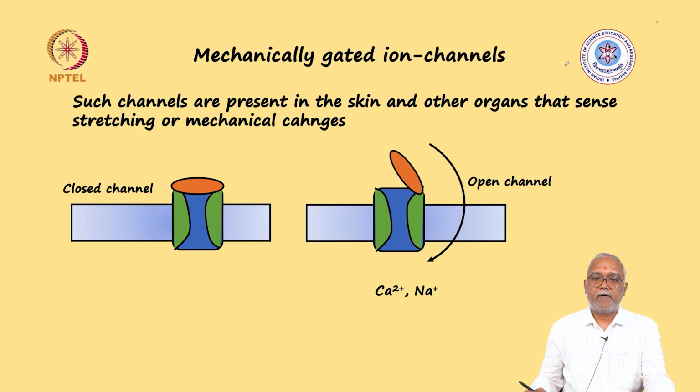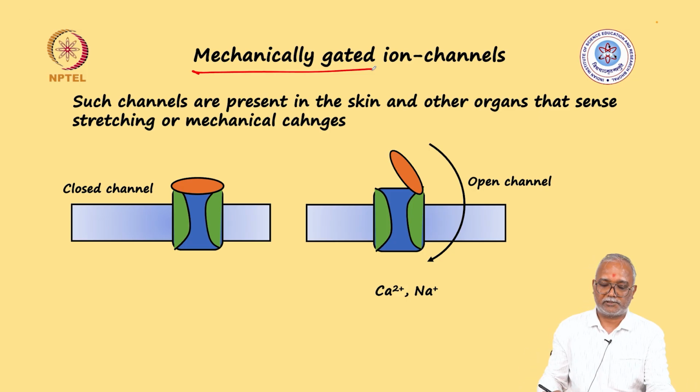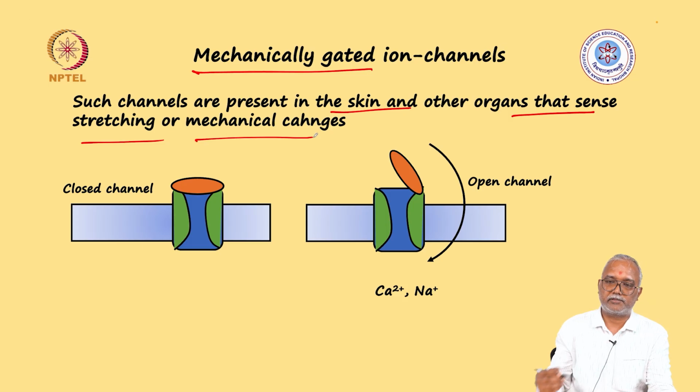The other type of ion channels, which are serving as a receptor, are called mechanically gated channels, which means that if there is a stretch, there is a pull, there is a motion involved with respect to the cell, you will see these channels responding. So such channels are present in our skin and many other organs which are sensing the stretch or any mechanical changes.